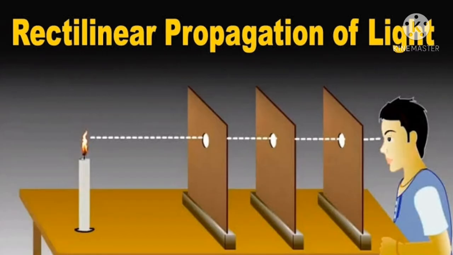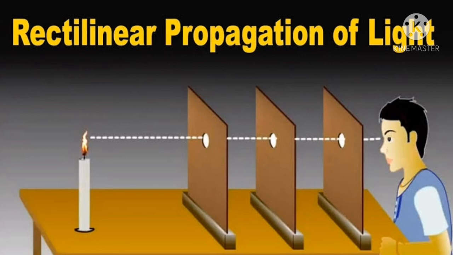Take three pieces of cardboard and make holes at the same height in each. Arrange them one behind the other so that the holes are in a straight line. Place a lighted candle or any other source of light behind the first cardboard. You will observe that you can see the candle flame from behind the third cardboard. Now, slightly move any one of the cards.